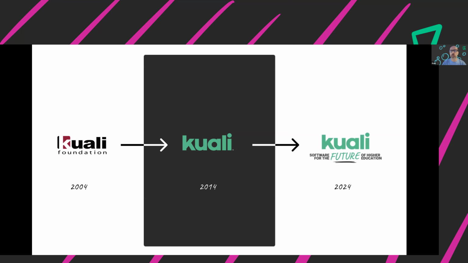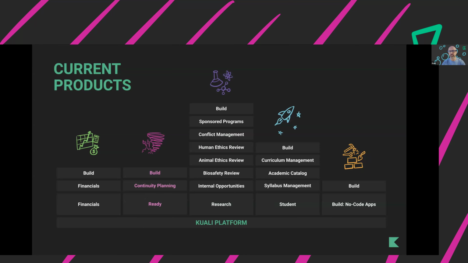Today, we have over 220 institutions using Kuali software across their universities. And when I say software, we have 5 different solutions that we build for higher education. And I won't get into all of these, but we have solutions for IT in the form of no-code forms and workflows, and that really helps with the digital transformation of a university, accelerated digital transformation across campus.